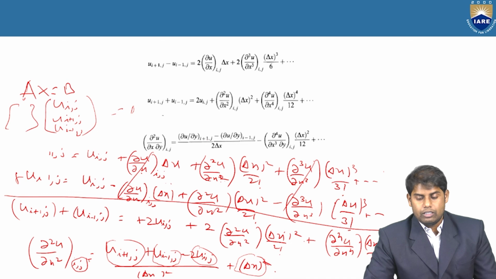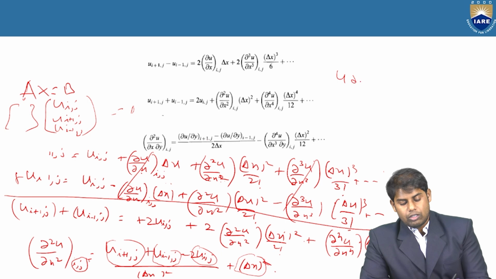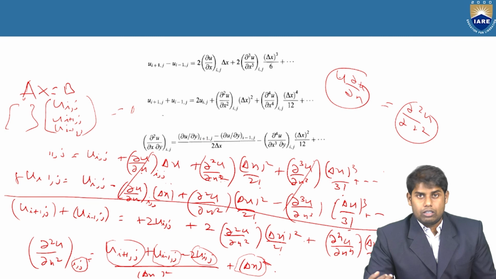In the coming lectures we will see the classification of partial differential equations, and how we solve the convection problem and the diffusion problem. In the momentum equation you have the convection term, u ∂u/∂x, and the diffusion term, ∂²u/∂x². How do you specially treat these terms, and how do we apply the finite difference method to them?